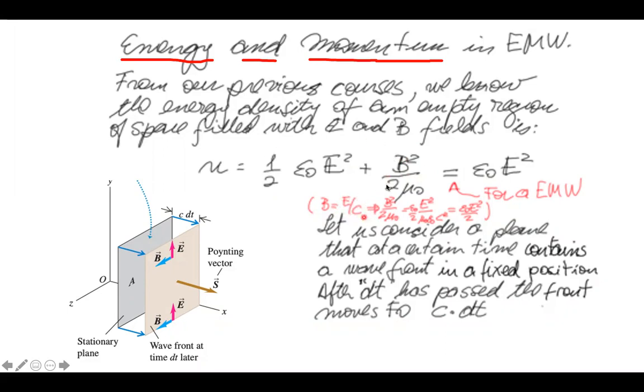So if I replace that in here and do all this little algebra that has been shown here, we can get to epsilon naught times E squared. So this is the energy density for an electromagnetic wave, and that should be the case in general.